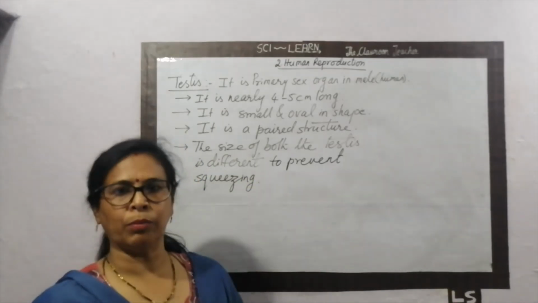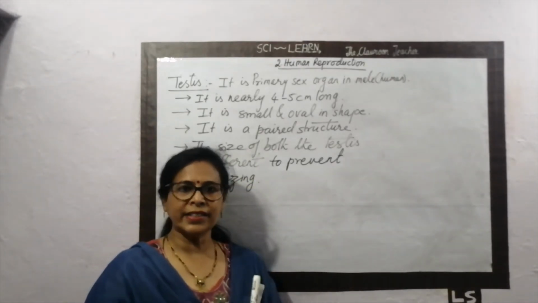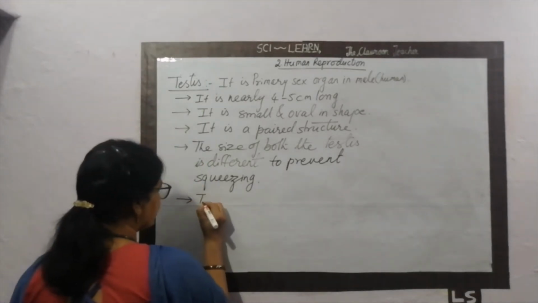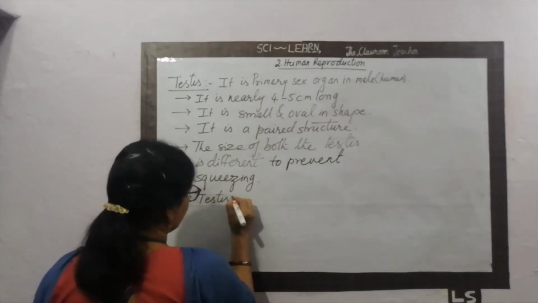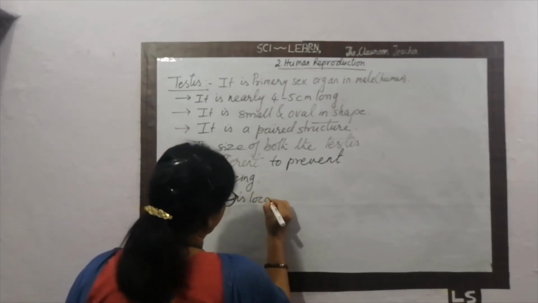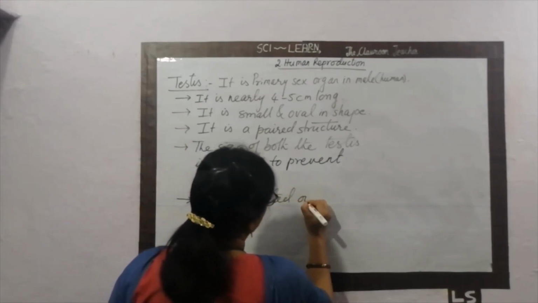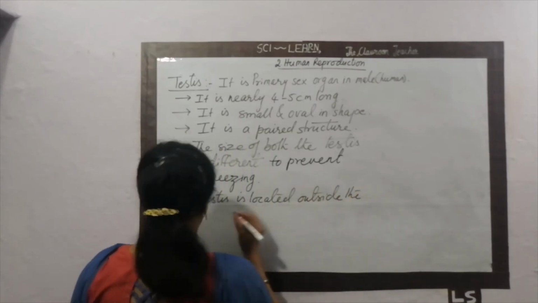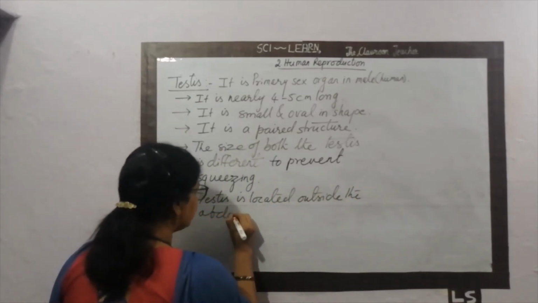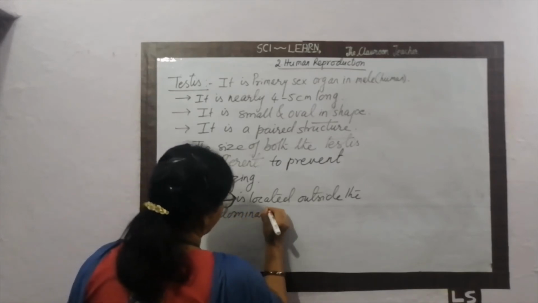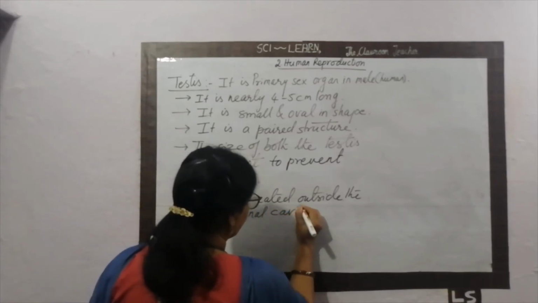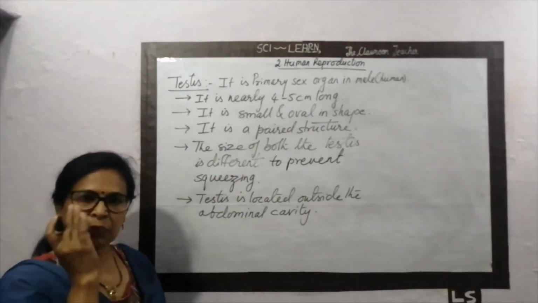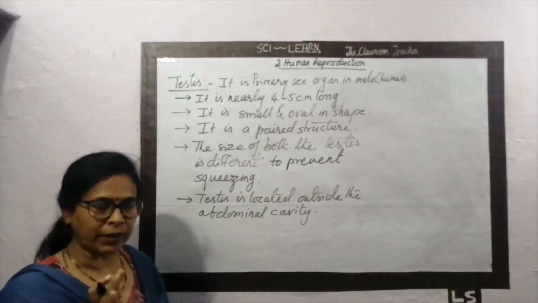What is more about the testis? Testis is located outside the abdominal cavity. Why is it placed outside the abdominal cavity?